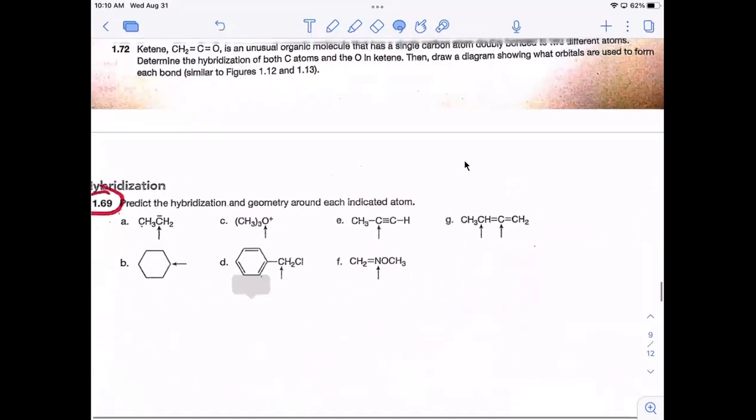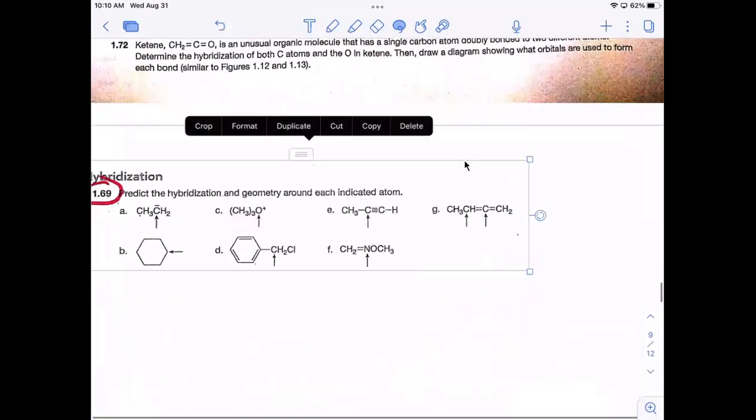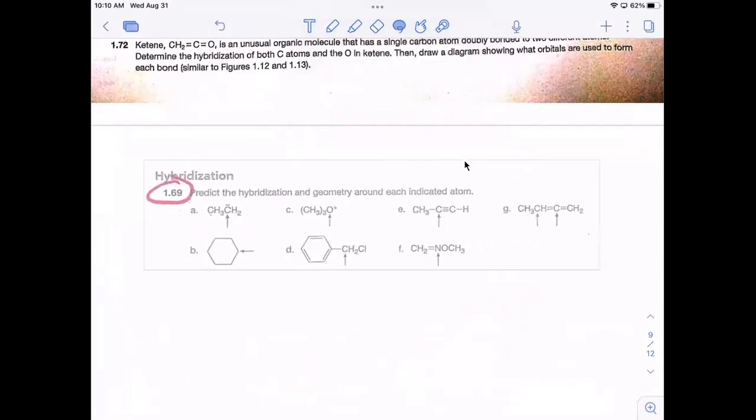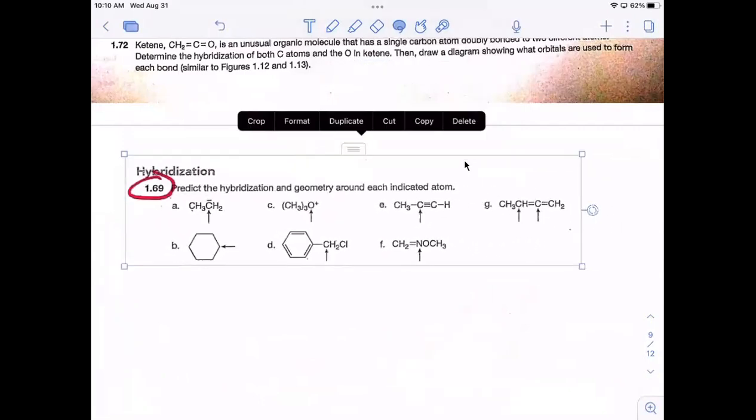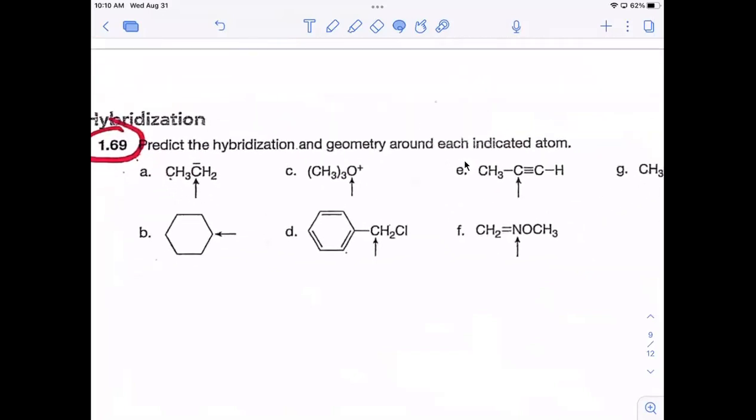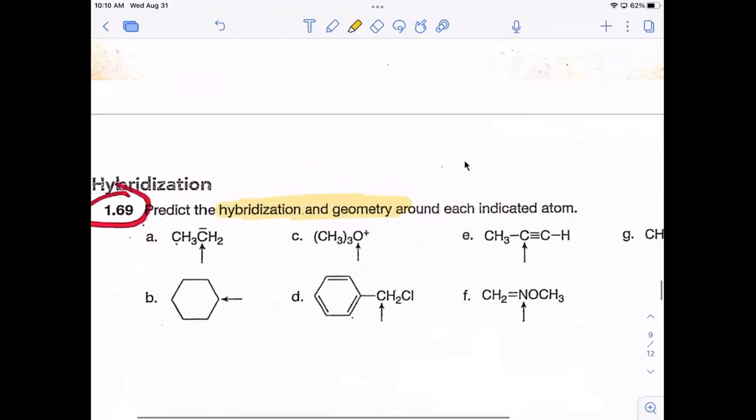All right. With this question, we're going to push the idea of hybridization a little bit further. It says predict the hybridization and geometry around each indicated atom.